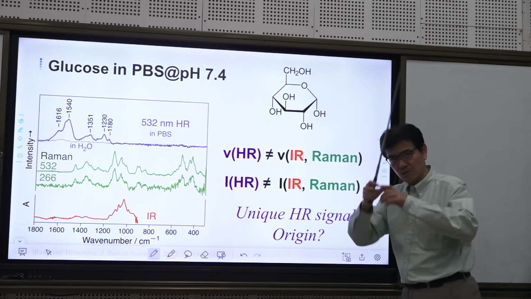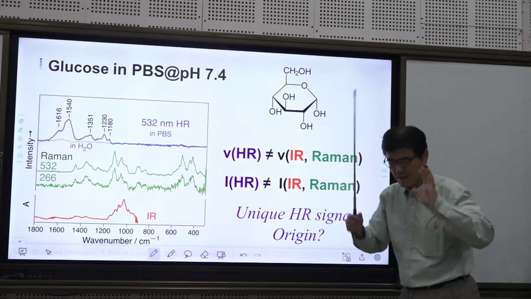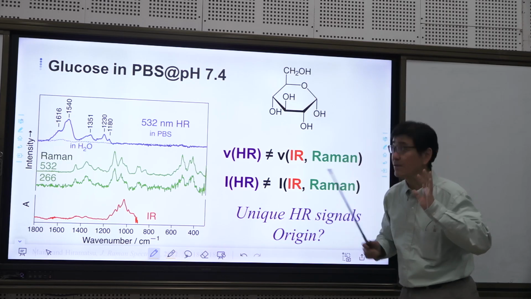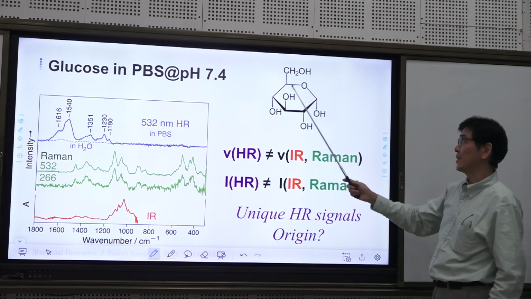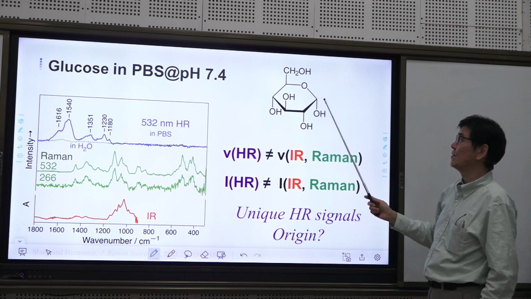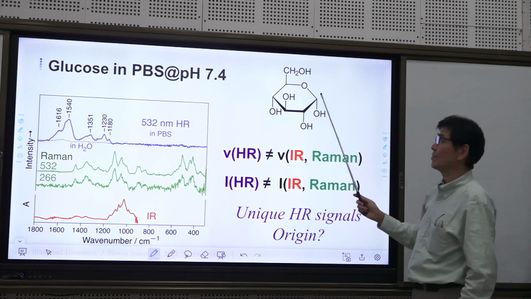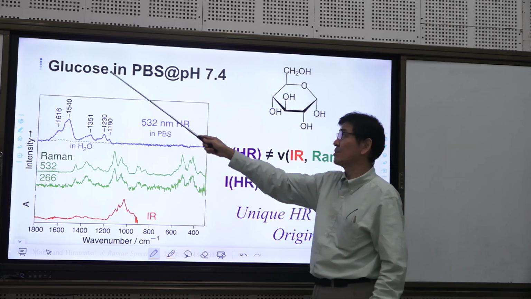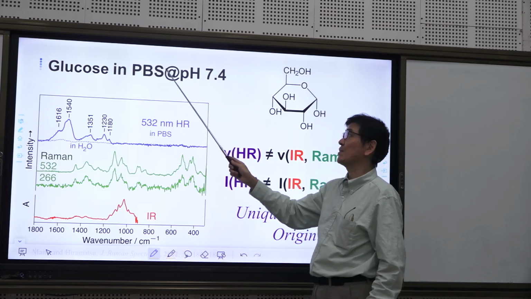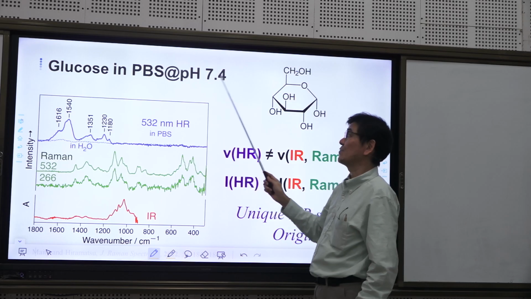I wanted to use oligosaccharide, but first let's start from monosaccharide, glucose. This is the simplest sugar, the building block of the polysaccharide. So I dissolved glucose in phosphate buffered saline at pH 7.4.